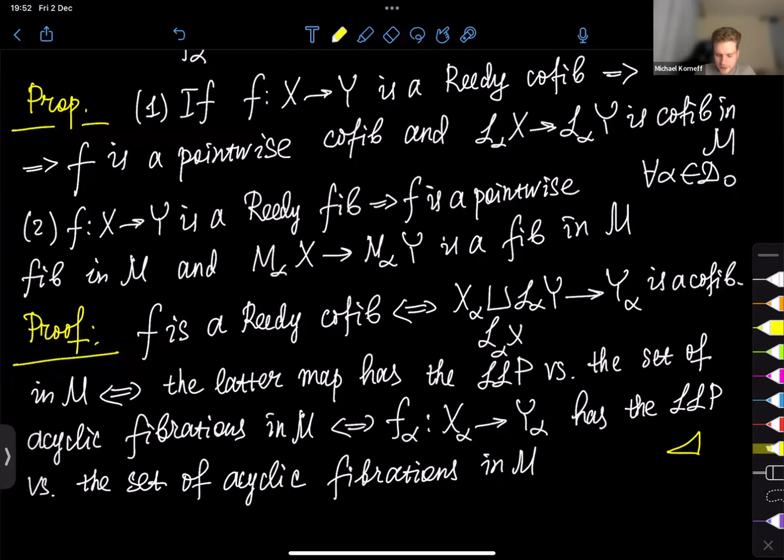This corollary describes the setting when we have X as a point and initial objects.